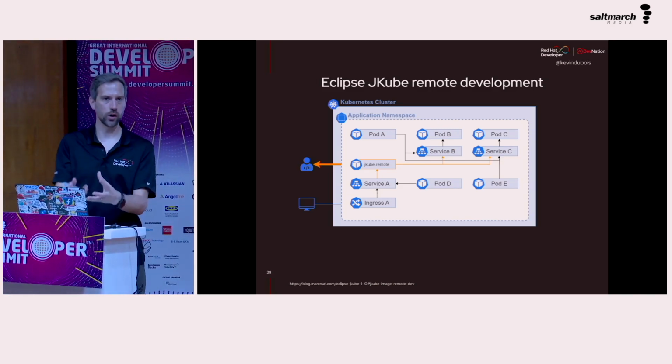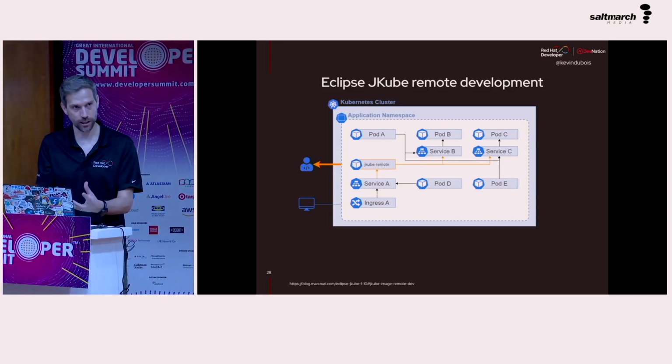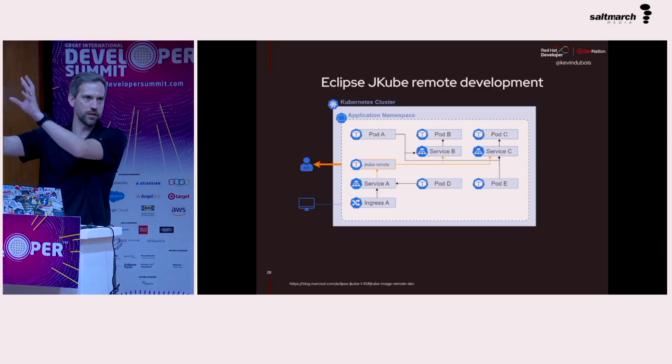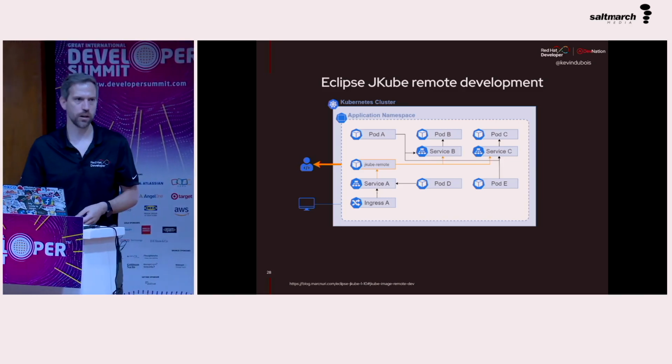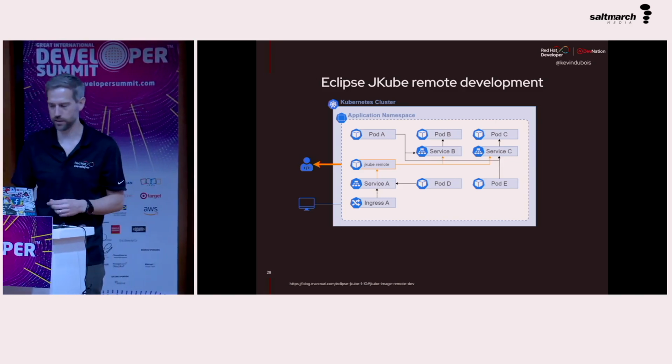Your local application is running on your local machine, but your cluster thinks that it's just in its own network. That way you can have all the advantages of, for example, the Quarkus Dev Mode as well.